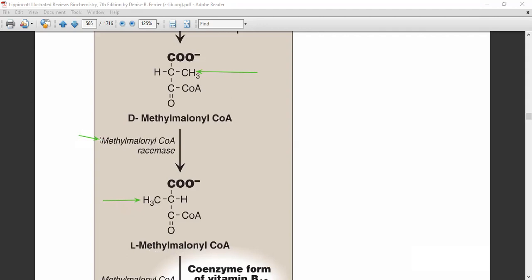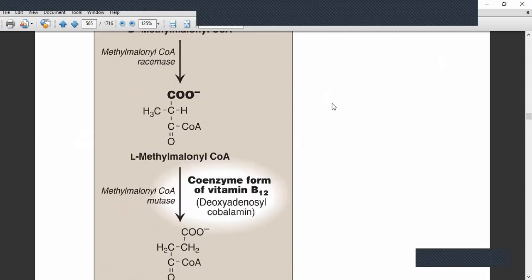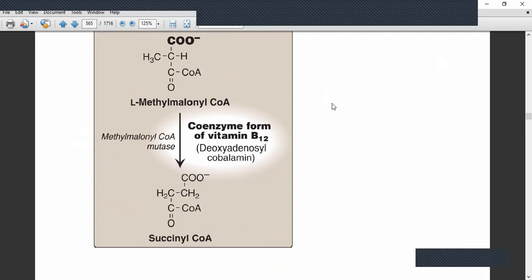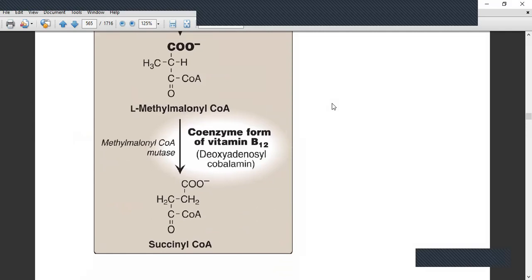It is like an isomerase, but call it a racemase. It will transfer that methyl group from the D position to the L position. So after forming now the L-methyl malonyl, what next? The last reaction. I want you to see this structure very carefully, and I will show you what goes on.